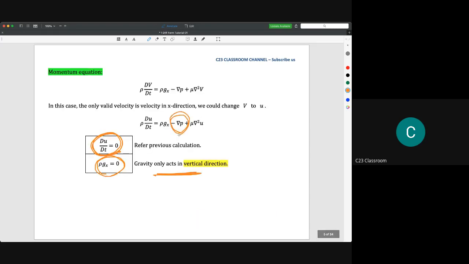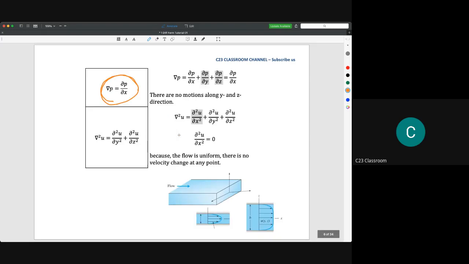As I said, nabla itself is equal to del x plus del y plus del z. Okay, because we have nabla p, we just add p in all the terms.